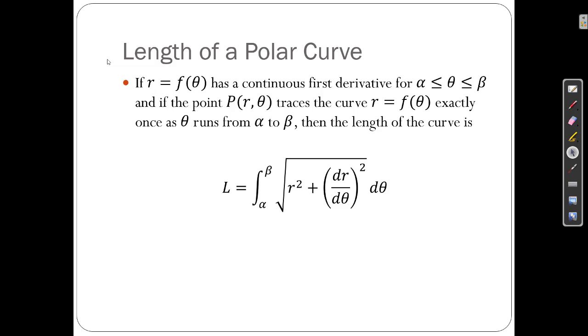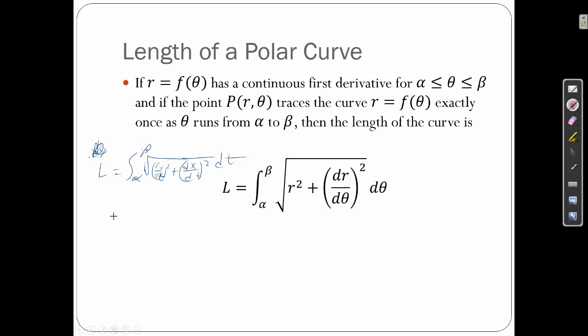And here we see the length of a polar curve is given by this. This is just the formula for arc length we did back in section 11.2 when we talked about calculus with parametric equations, parametric curves. We noted there that our length was the integral from alpha to beta of the square root of dy dt squared plus dx dt squared dt.